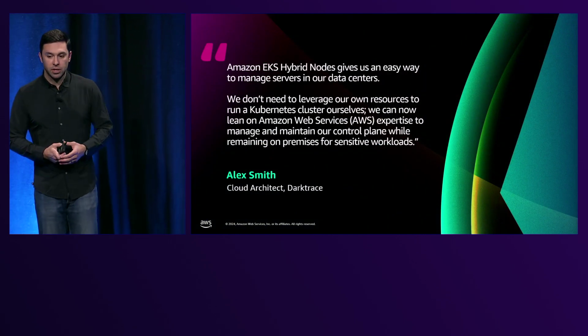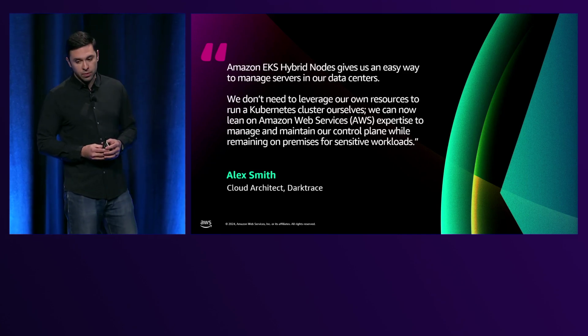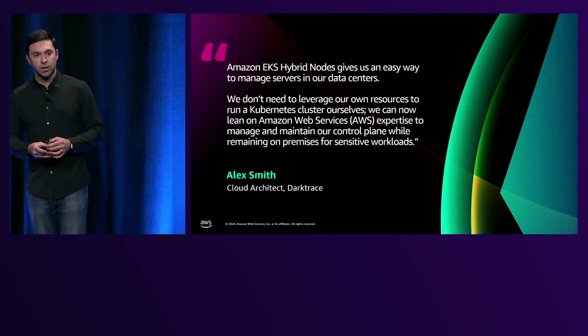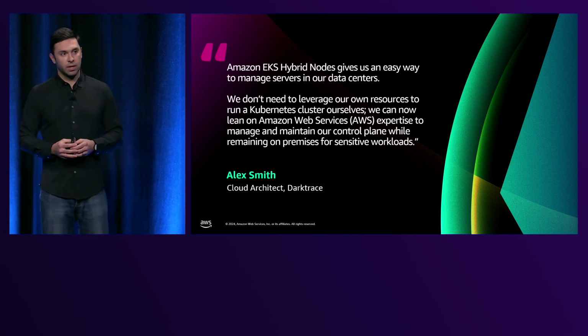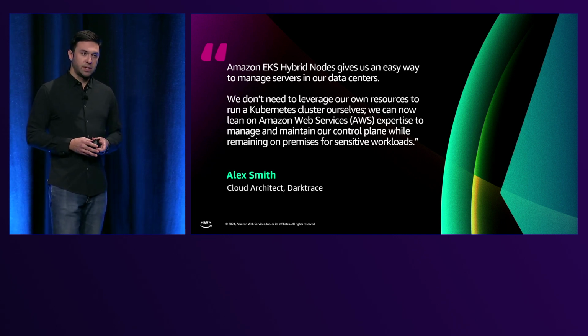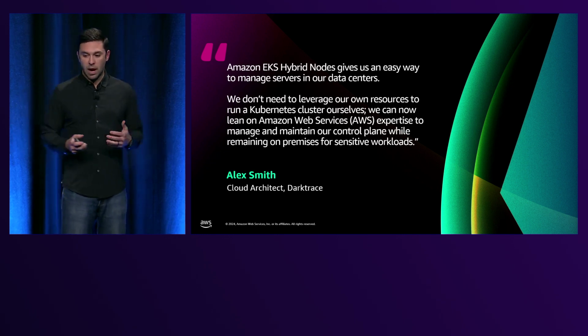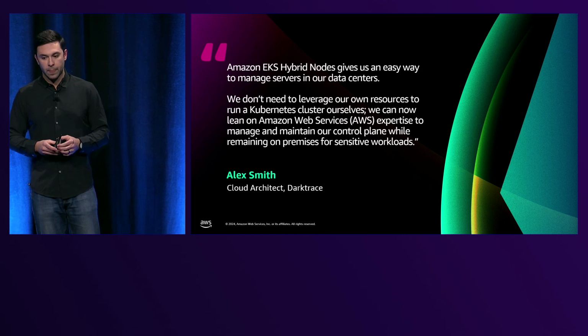So leading up to launch, Darktrace was one of the customers that participated in our preview. And if you don't know, Darktrace is a global leader in cybersecurity AI, helping to keep organizations ahead of the changing threat landscape every day. Darktrace uses Kubernetes on premises to provide a common deployment platform and assisting with things like common observability, application scaling, and disaster recovery across their application portfolio.